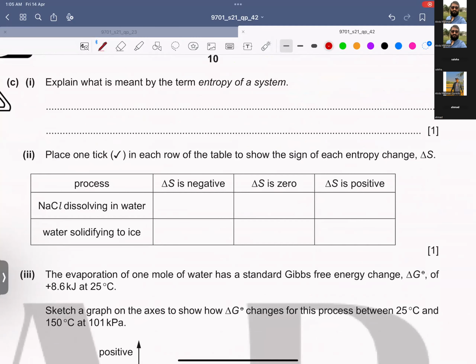Next, C1. What is meant by the term entropy of a system?